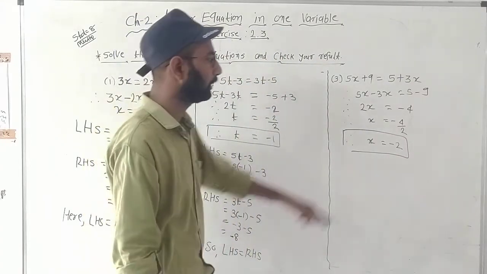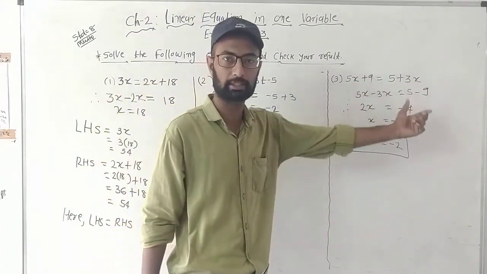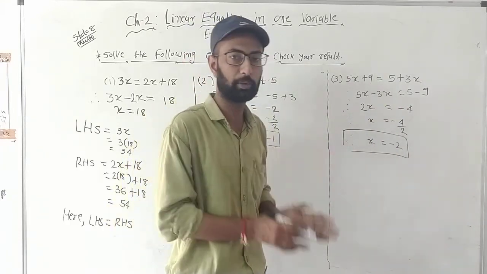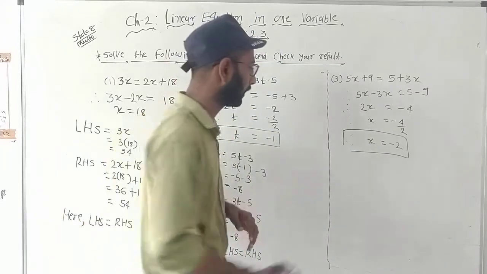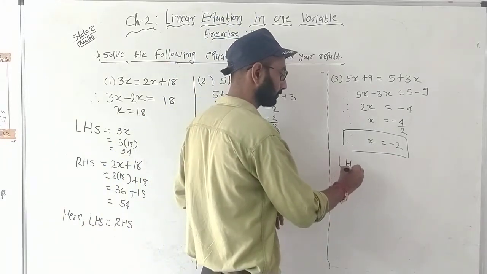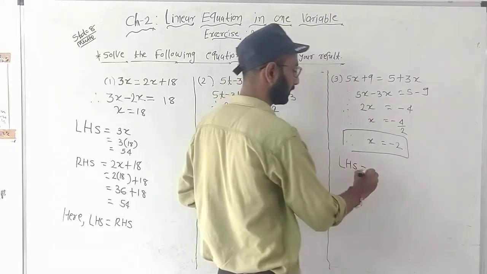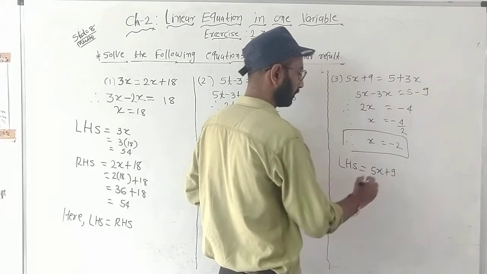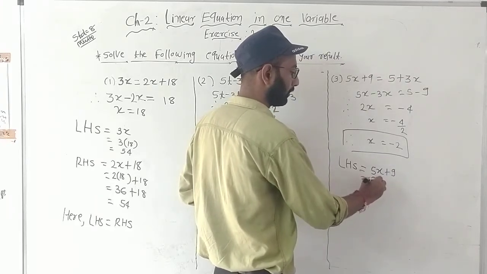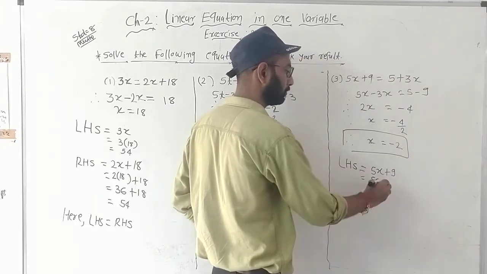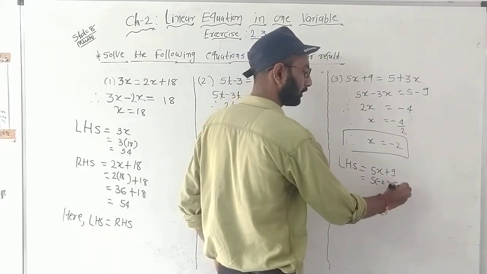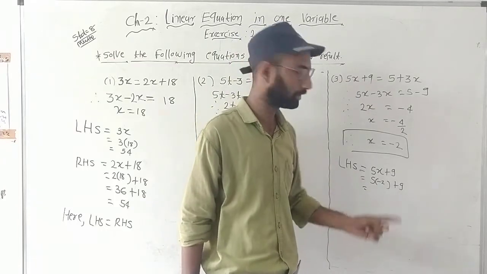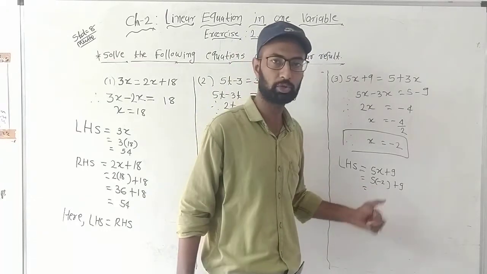Now let me put the value of x into the LHS and RHS, and let me check whether the value of LHS and RHS are equal or not. Okay, so what is LHS? 5x plus 9. In the place of x I will put -2 plus 9. 5 minus 2, here you don't need to do subtraction, because the relation between 5 and 2 is multiplication.